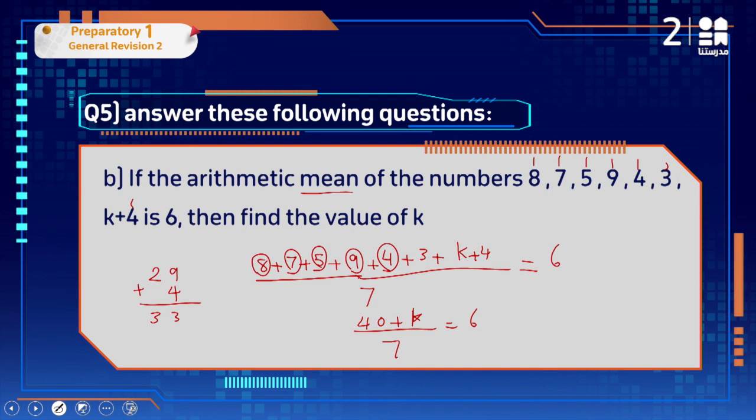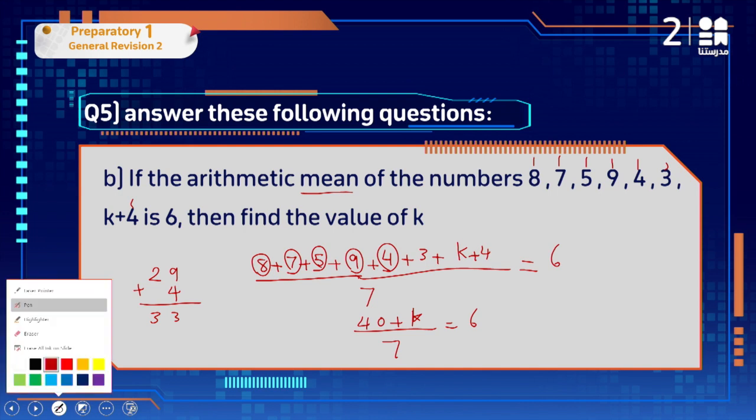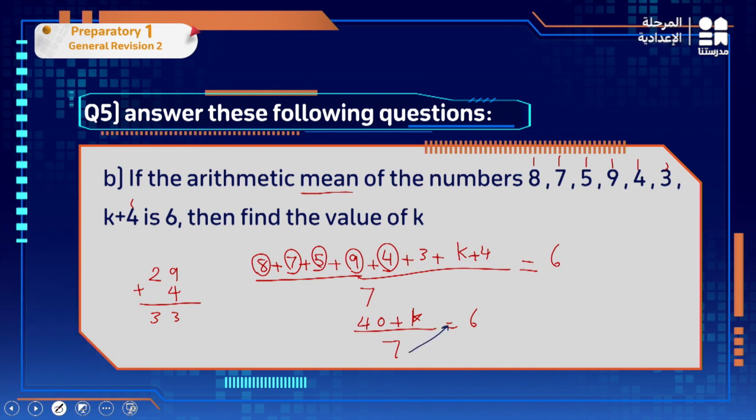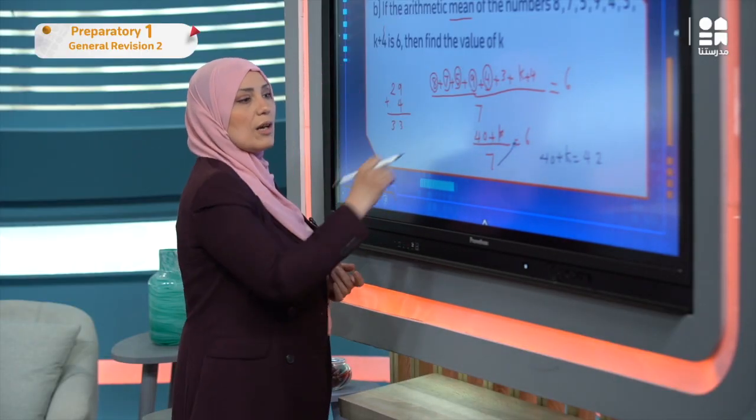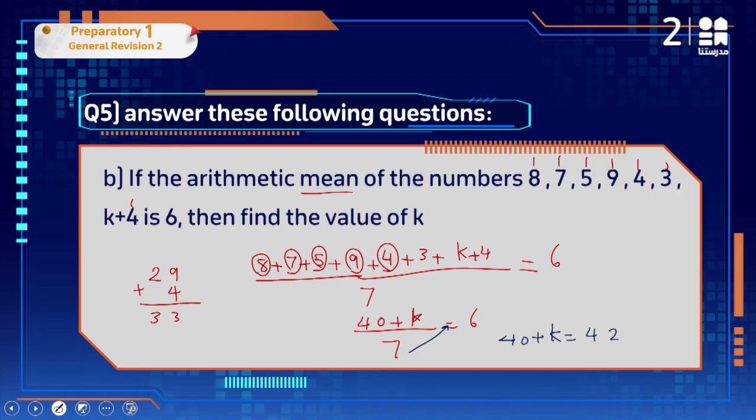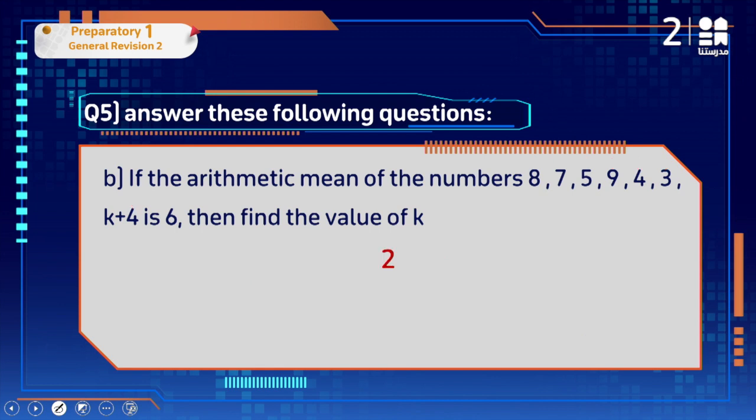Let's multiply by 7. So 40 plus k equals 42. 7 times 6 is 42. We can do it mentally. 40 plus what is 42? So k is 2.